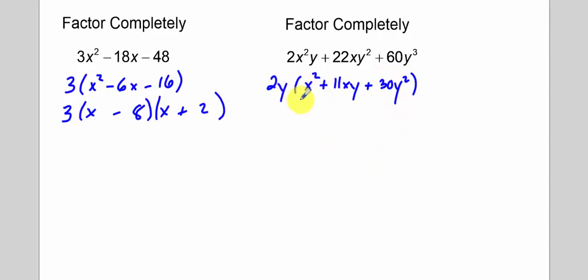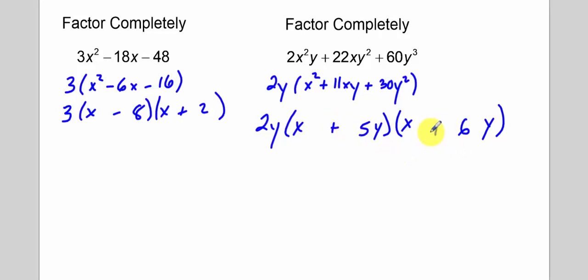We've seen this type of factoring before. It's the same type of factoring we did over here. So I have 2y. I need an x and an x. I need a y and a y. And then I need to know what multiplies to 30 and gets me 11. That's 5 and 6. Everything needs to be positive, and that's completely factored.